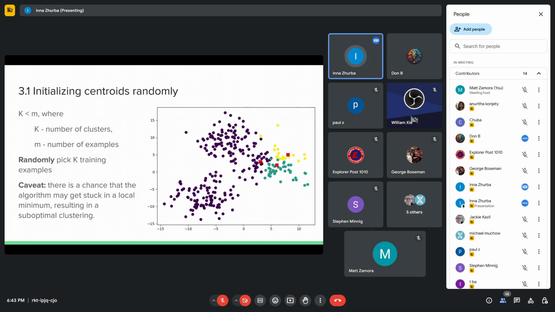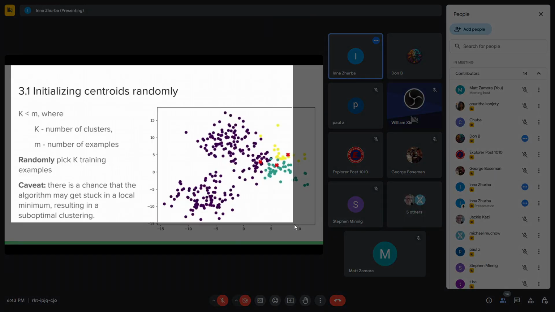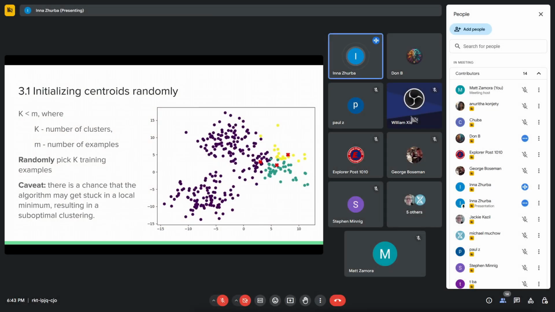We do that by just shuffling the initial data points and selecting the first k examples. I should say that there is a constraint that the number of clusters has to be lower than the number of examples. So we need to know that.